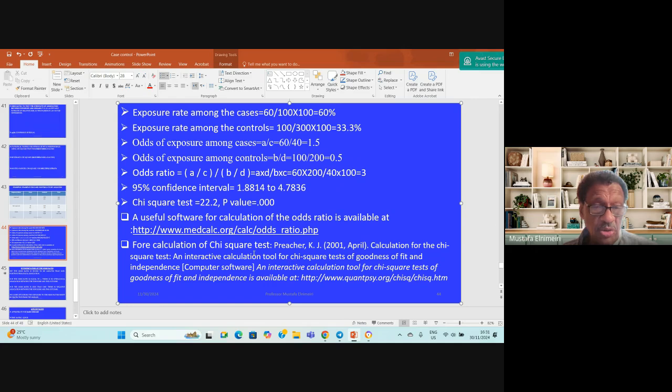We can use it for estimation or calculation of the chi-square test. These are two important and useful tools that can be used for estimation of the odds ratio, as well as for chi-square testing. In addition, we have many other software packages that can be used for such purposes.